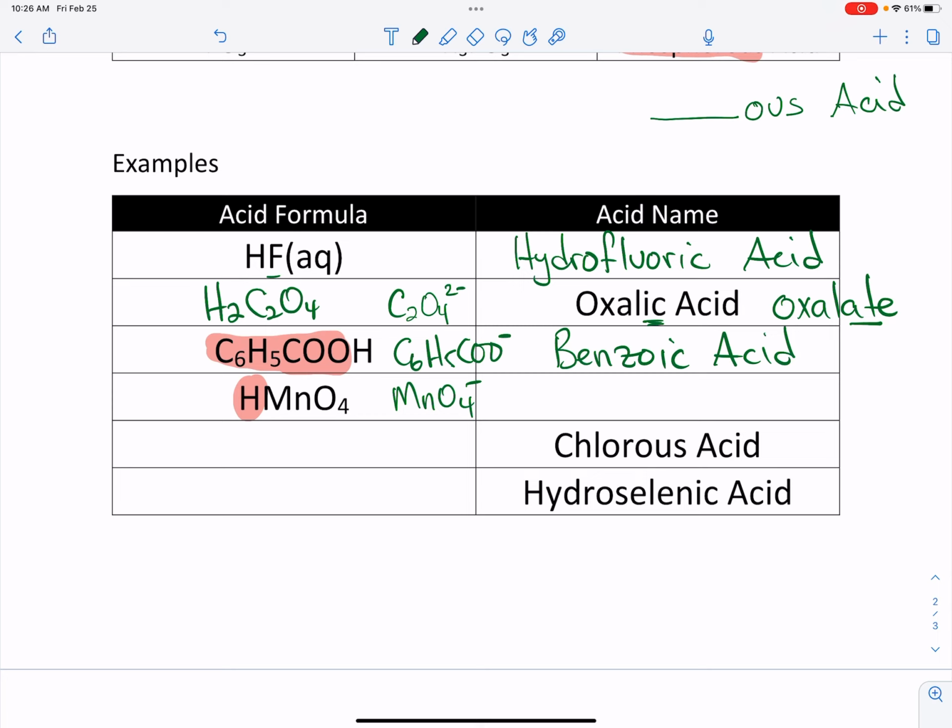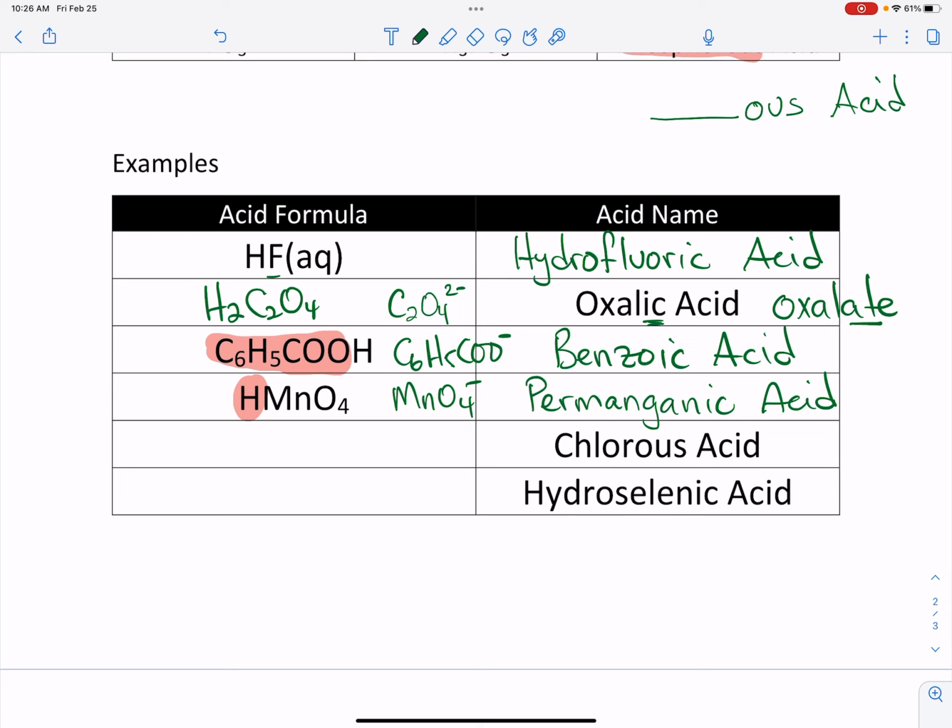So just like the last example, the acid suffix will be the ic suffix. So this becomes permanganic acid. The complex ion there was permanganate, so permanganic acid.